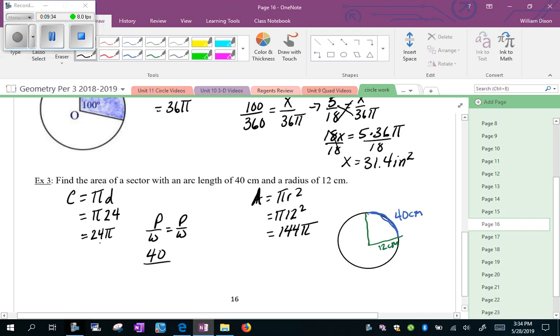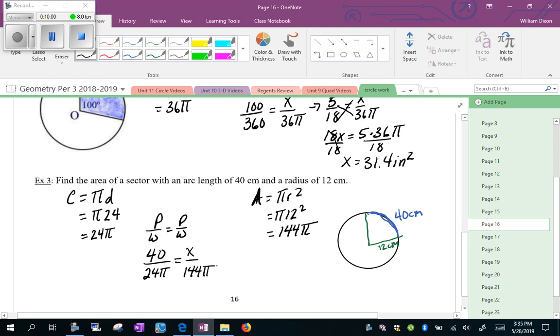That's going to be over my total, or my circumference, which is 24 pi. That's going to equal my part that I'm looking for, the area of the sector, that's x. And then once again, that's going to be over the total area of the circle, which is 144 pi.